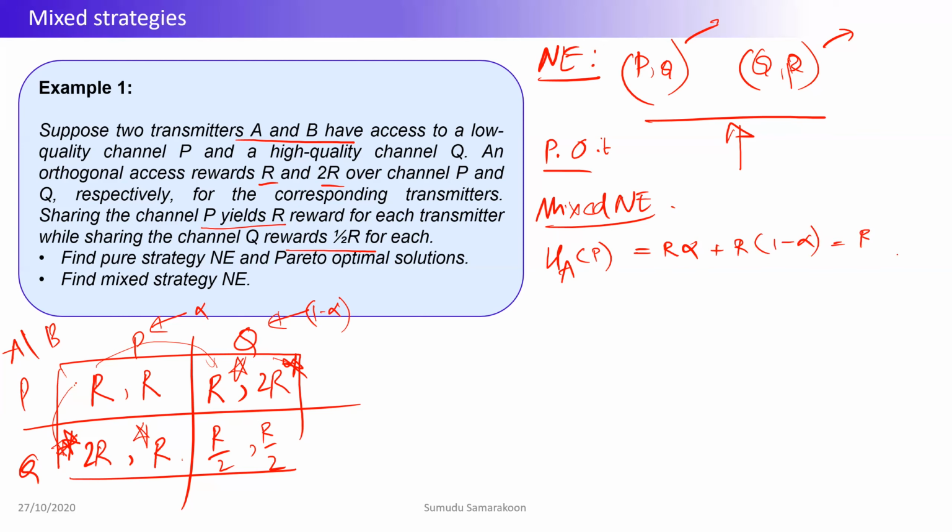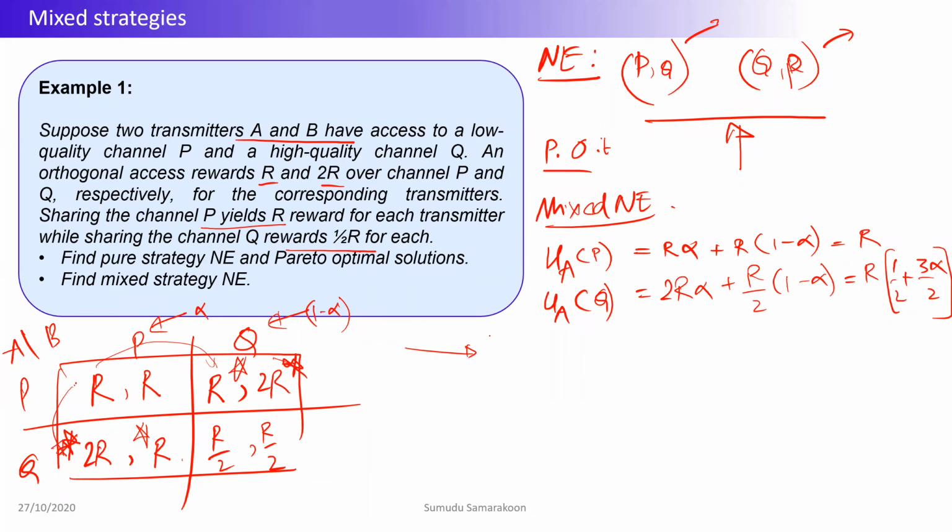When A uses channel Q, he receives 2R with probability alpha, but R/2 with 1 minus alpha. So he will be rewarded half, 3 alpha over 2.